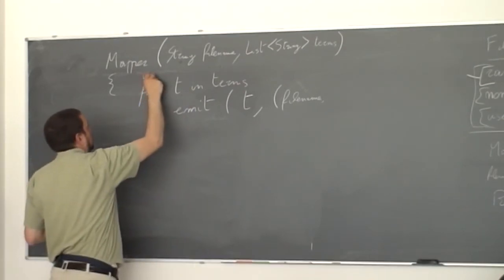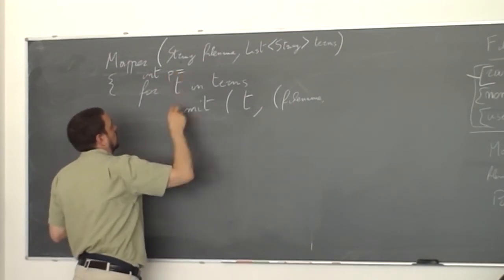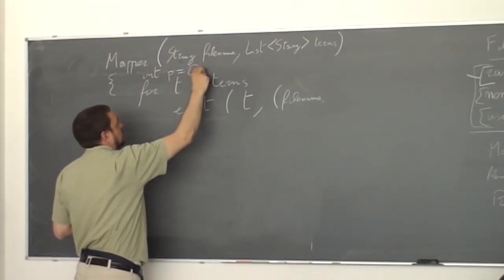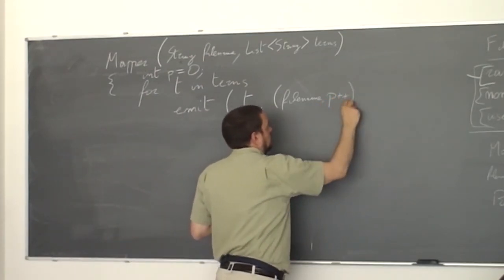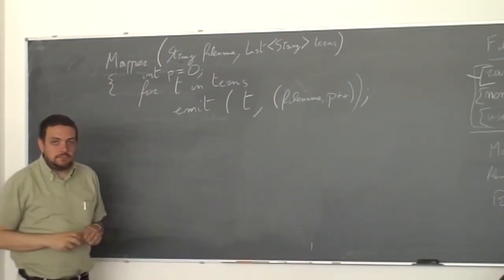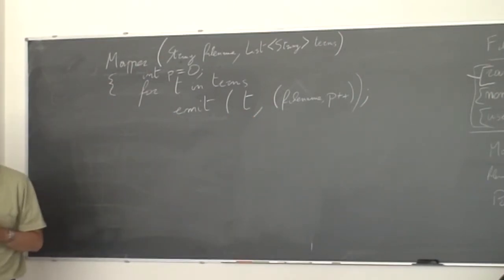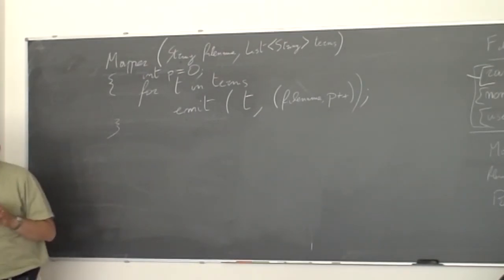So we actually need to keep track of a position by initializing, for example, P to 0, and here writing P and increment. This is our method.